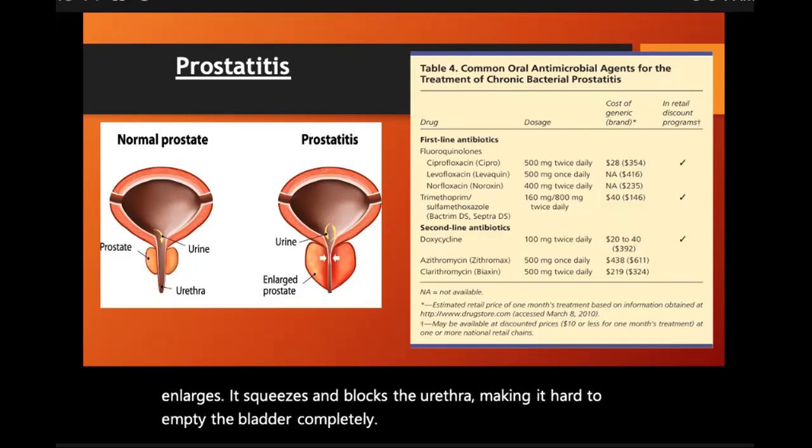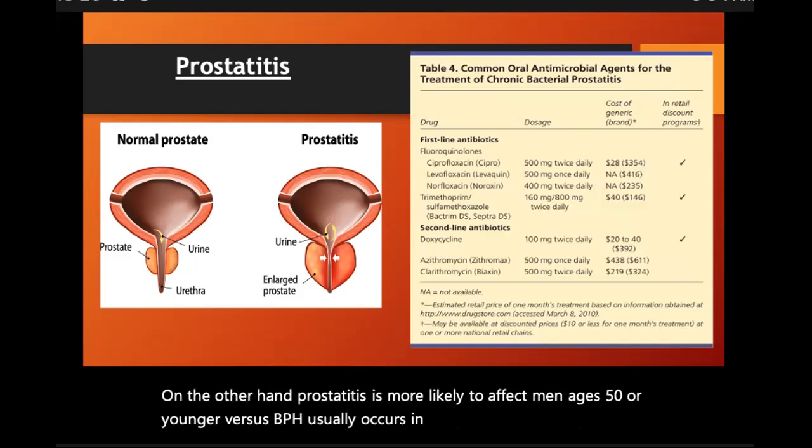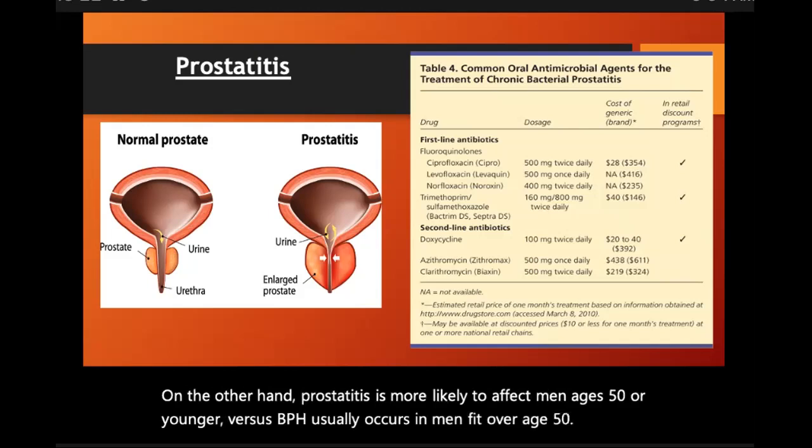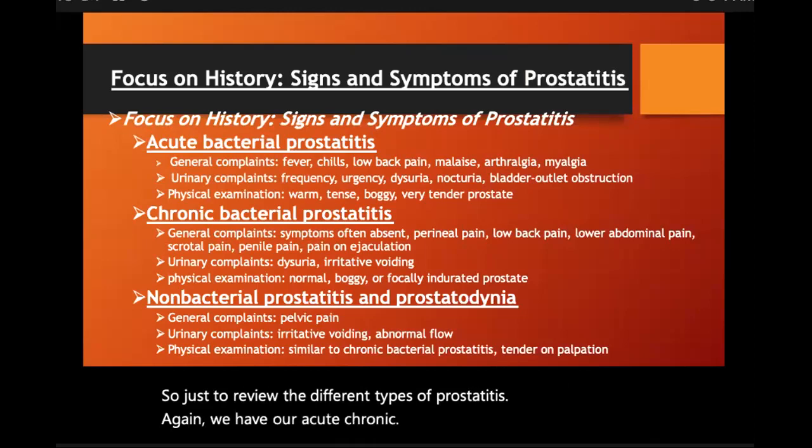On the other hand, prostatitis is more likely to affect men ages 50 or younger, whereas BPH usually occurs in men over age 50. So just to review the different types of prostatitis, again, we have acute, chronic, and non-bacterial.